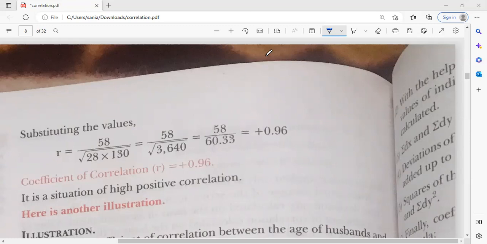Ritika, you got the same answer? Ma'am, I didn't complete it. I was still doing the root. Just a minute.